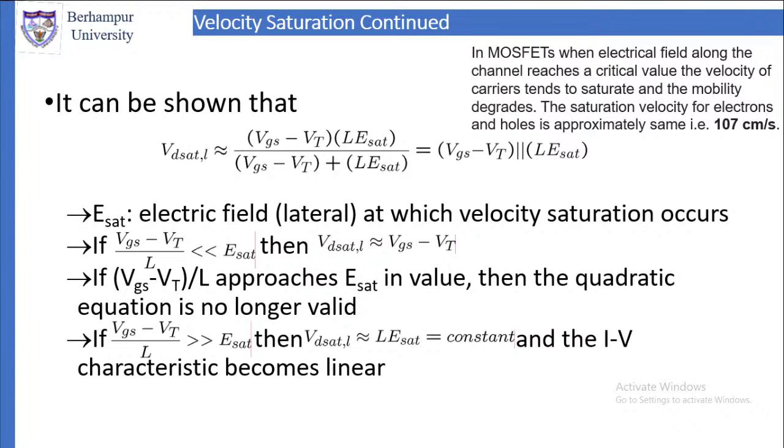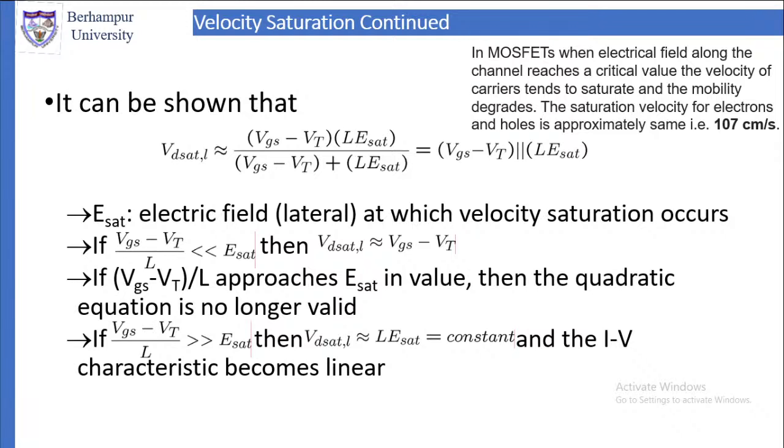You can neglect VGS minus VT compared to LE saturation in the denominator, so the denominator becomes LE saturation. The LE saturation in the numerator and denominator cancel out, leaving VGS minus VT. So VD saturation is approximately equal to VGS minus VT.